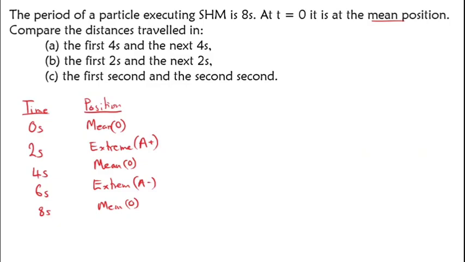So that's why we're saying that the total time there is 8, which is our period. So we know that our period is 8. So let's find our omega.